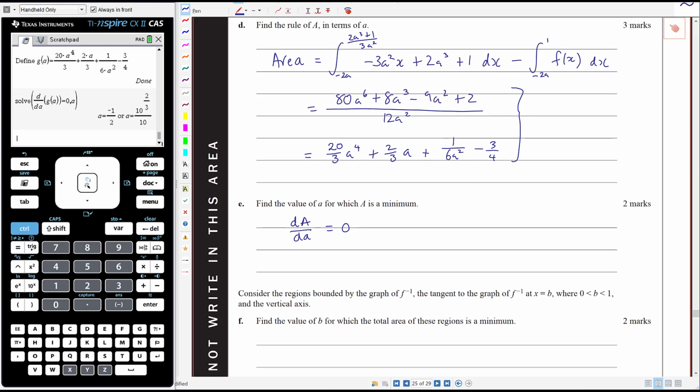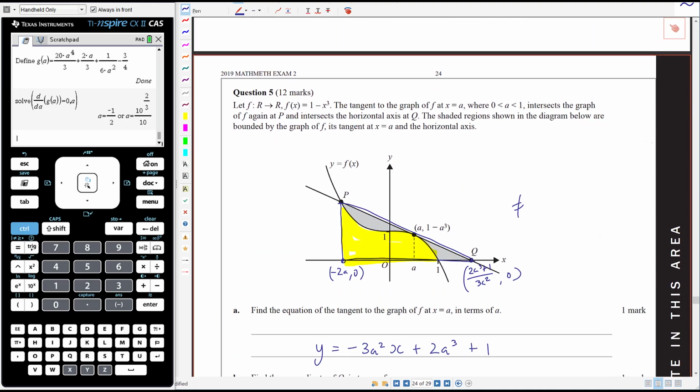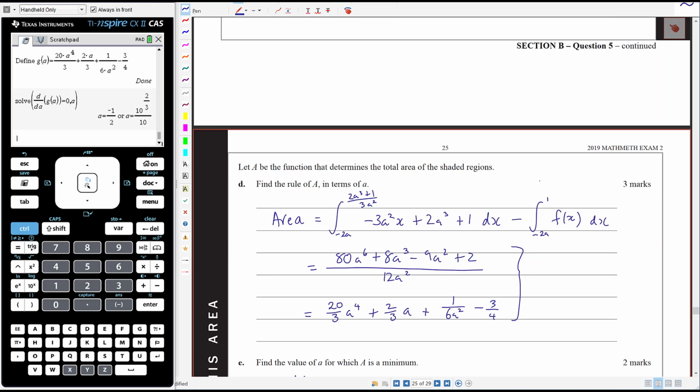Okay, and we find that we get a equals negative half, or 10 to the power of 2/3 on 10 to the power of 1. We could just do that subtraction, 2/3 minus 1, index laws, so it's 10 to the power of negative 1/3. Now, if we go back and have a look at here, what do we know about a? a has to be between 0 and 1, so actually negative half can't be it.